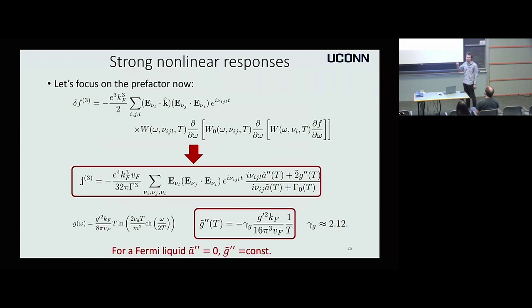As long as I differentiate it 2 times and I get something that blows up, so just mod omega gives you a delta function. If you take some omega to the alpha, you will get omega to the alpha minus 2. So as long as that diverges, I think you should get some power law.